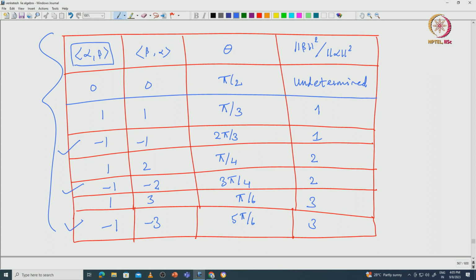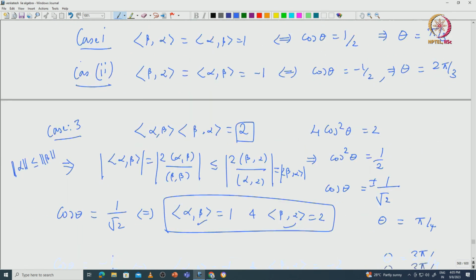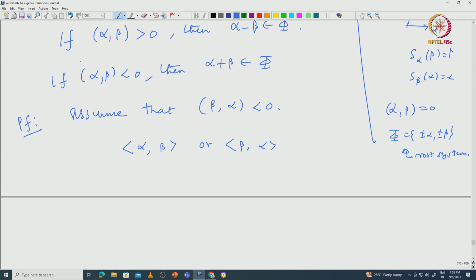So, if we do not assume anything comparing the norm of beta and the norm of alpha, from the information that the inner product is less than 0, we can immediately conclude that either the Cartan number of alpha, beta is minus 1, in case the norm of alpha is smaller than the norm of beta, or otherwise the Cartan number associated with beta, alpha is minus 1, in case the norm of beta is smaller than the norm of alpha. In any case, one of them will be minus 1.